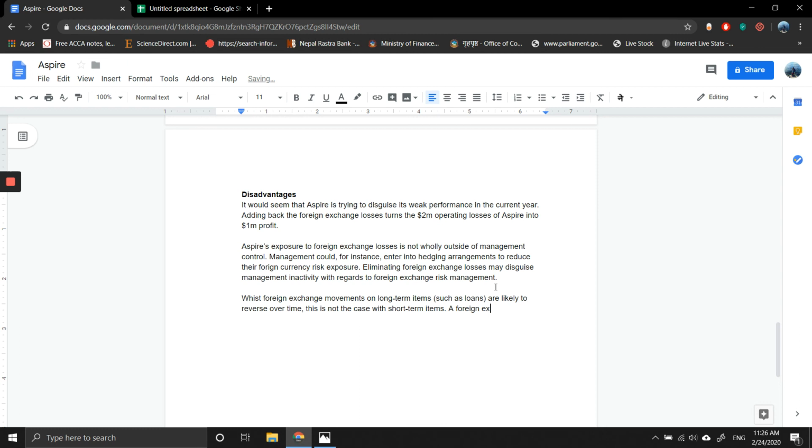A foreign exchange loss on a relatively short-term receivable means that the entity has received or will receive less money from their customers than the value at which the sale was originally recorded, right?